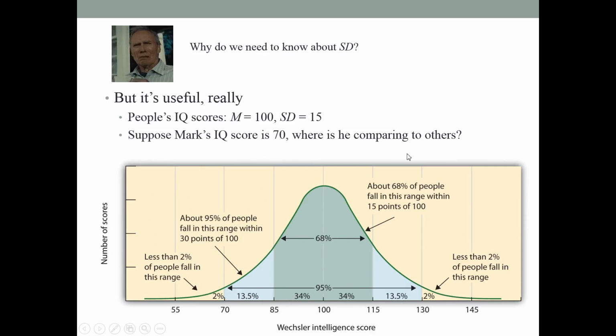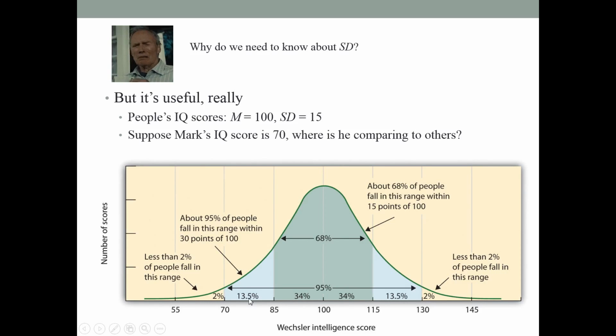So now the question is how many people do better than Mark? All we need to do is add up all these percentages together. You might want to add those numbers together, but we don't have to because this half is 50%. So all we need to do is 50% plus 34 plus 13.5.